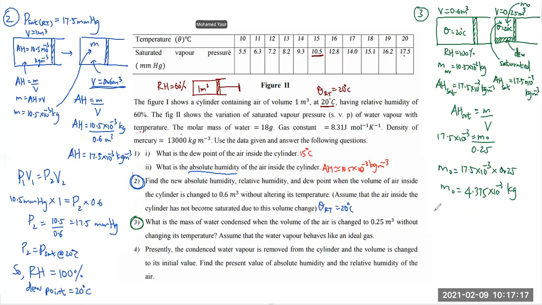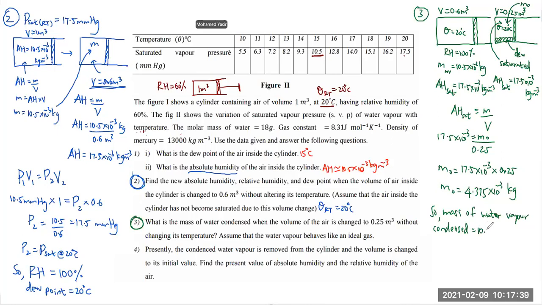So what can I say now? Mass of water vapor condensed is going to be how much? This is the amount of water vapor we had all this time, 10.5 into 10 to the power minus 3.